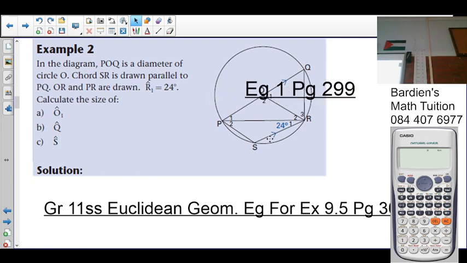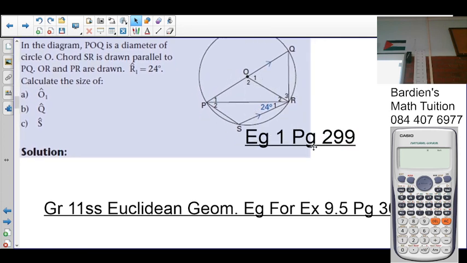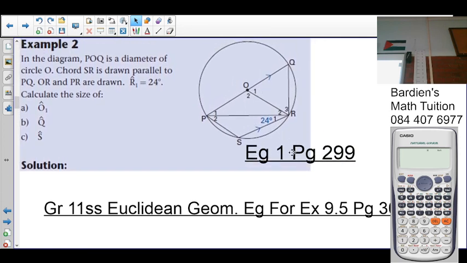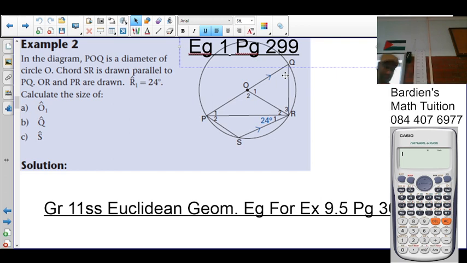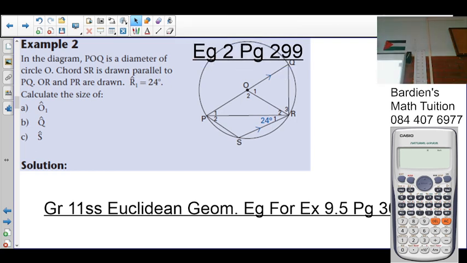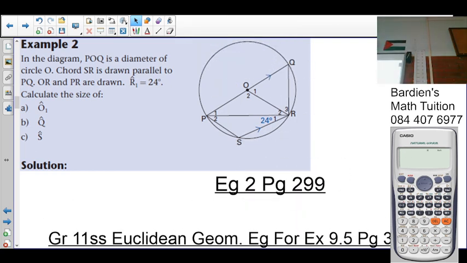Alright, people, example 2. And example 2 is also on page 299. Okay, here we are told that in the diagram POQ is the diameter. People, if POQ is the diameter, what do we know?